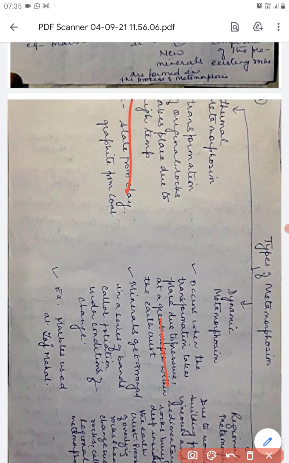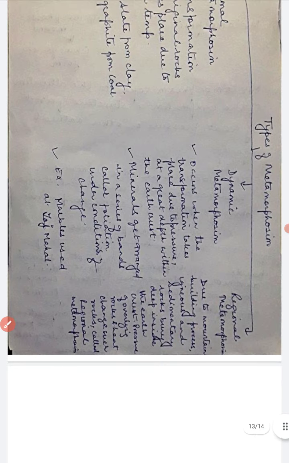And the next one is your regional metamorphism. Regional metamorphism, as the name itself implies, is due to the mountain building process. The igneous rocks and the sedimentary rocks bury deep inside the earth crust, and due to the pressure which is overlying this, these rocks create heat, create change in the pressure, as a result of which the regional metamorphism takes place.